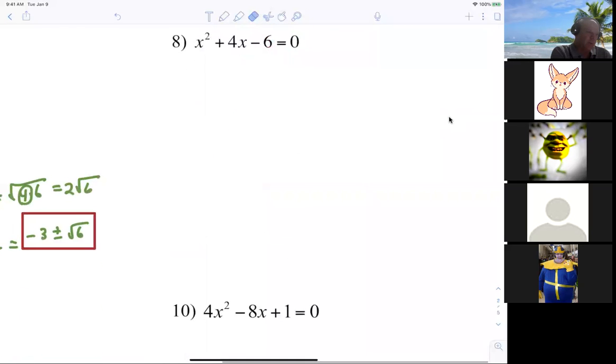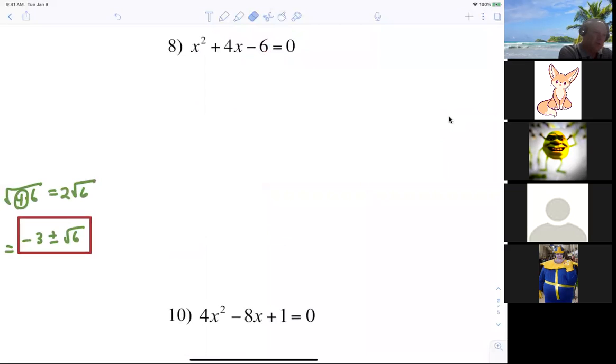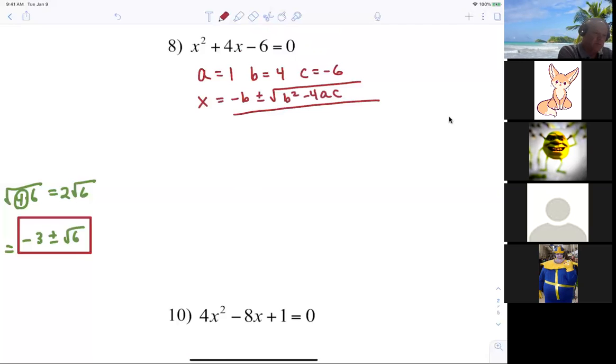All right, here we go. Let's check out number 8 now. Number 8, I have A equals 1, B equals 4, C equals -6. x equals negative b plus or minus the square root b squared minus 4ac all over 2a.